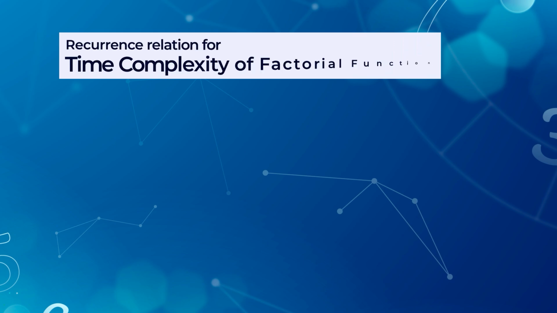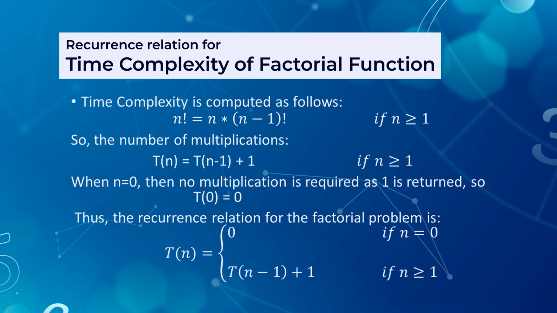Now, how may the time complexity of this particular function be computed? This is something we would like to do once again using the recurrence relation. For example, we start with n factorial equals n into (n minus 1) factorial if n is greater than or equal to 1. How many multiplications are needed in this particular case?